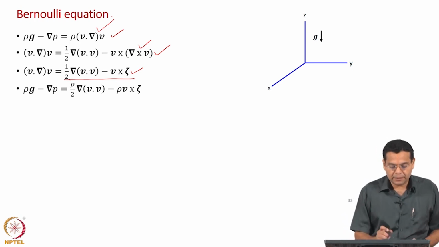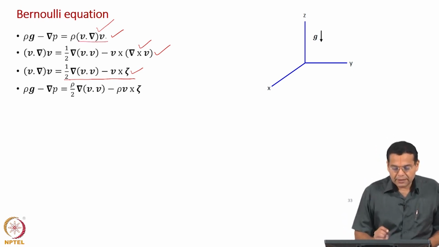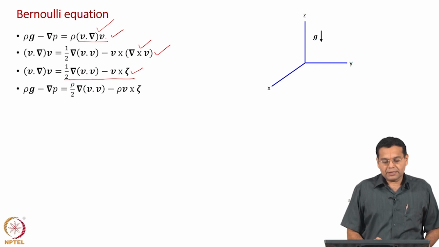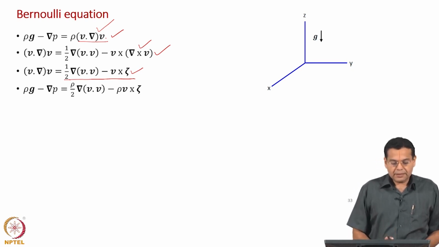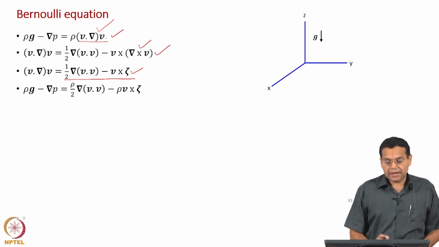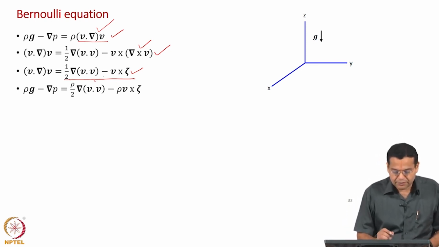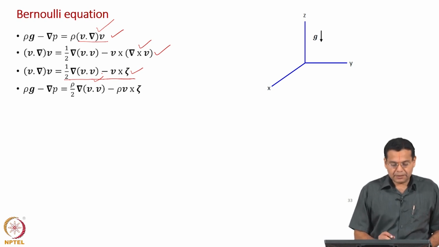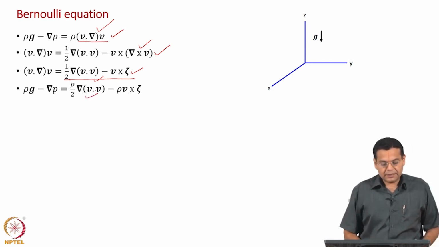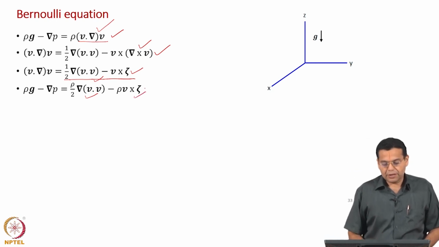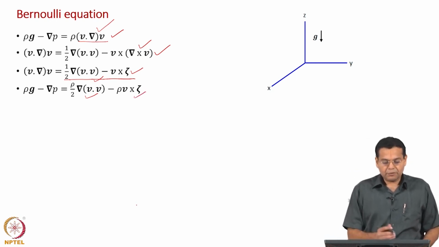What is it that we have done? The V dot gradient operator operating on the velocity, the convective acceleration term, is replaced using this vector identity, and that is why we have here a gradient of V dot V, and then we have V cross the vorticity vector, of course multiplied by rho.